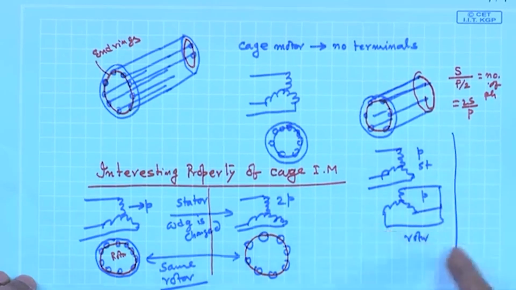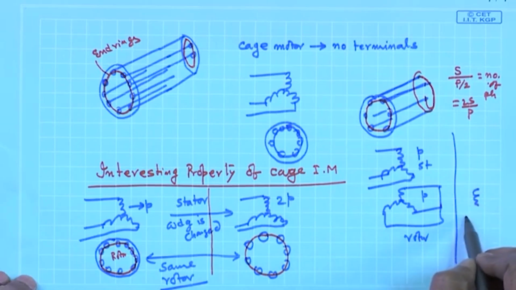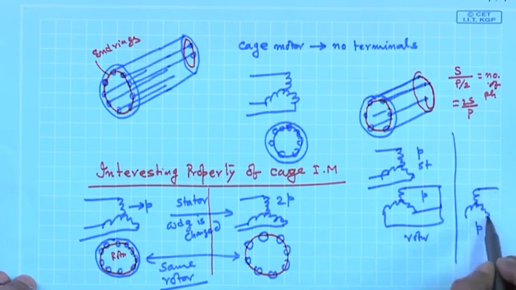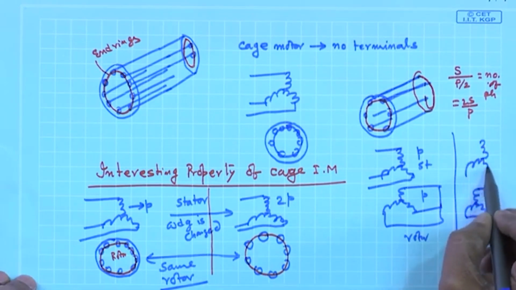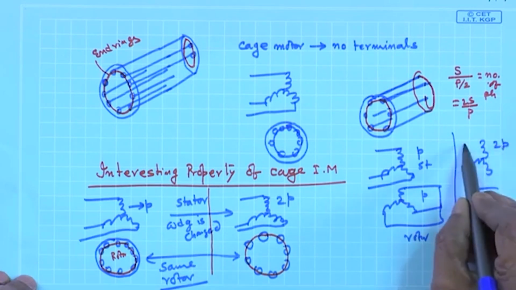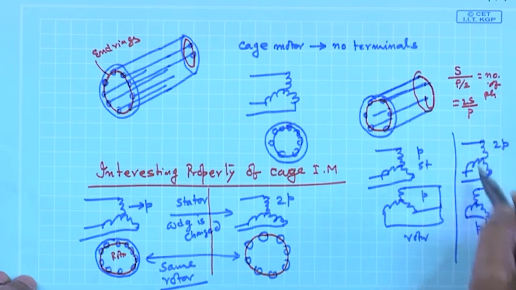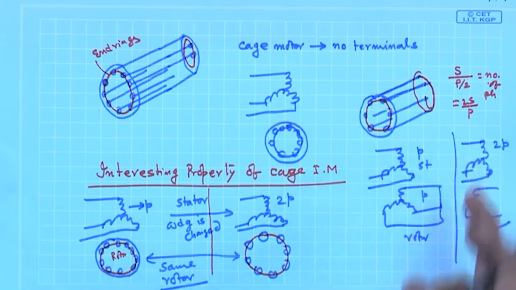But for this machine, if you keep the rotor as p pole and rewind the stator winding for 2p poles, energize the supply, the machine is obviously not going to start, not going to run, simply because the number of poles produced by stator and rotor are different.